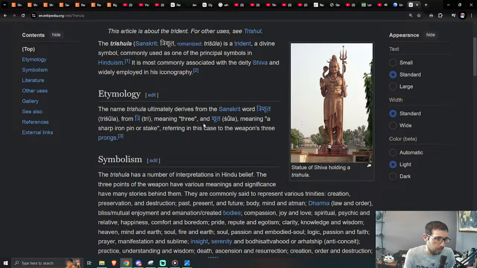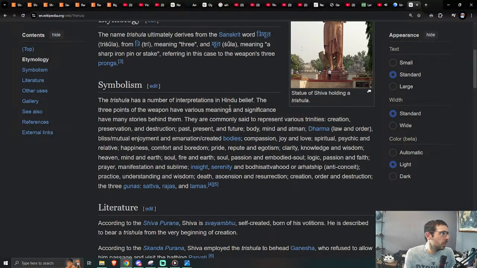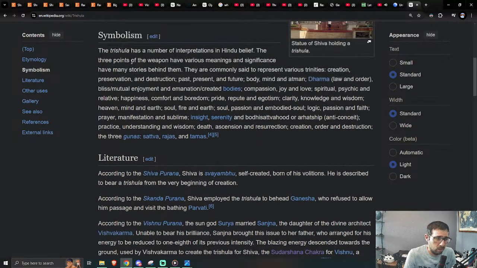Whoa. Number of interpretations. They're commonly said to represent various trinities: creation, preservation, and destruction, past, present, and future, body, mind, and Atman. Whoa. Crazy. Just a huge list of trinities.